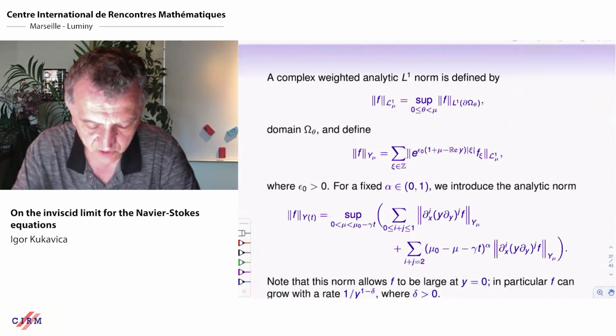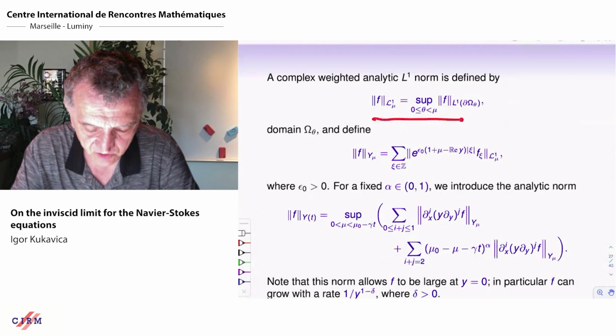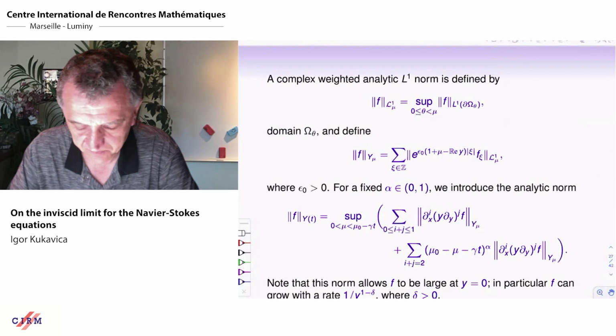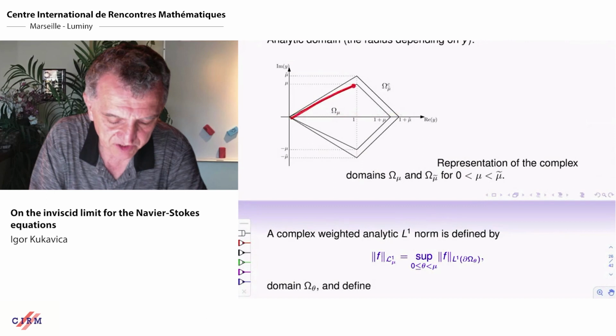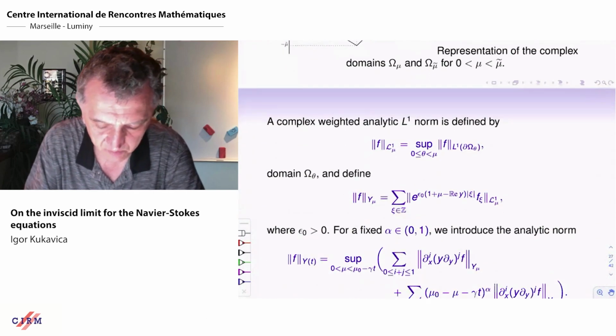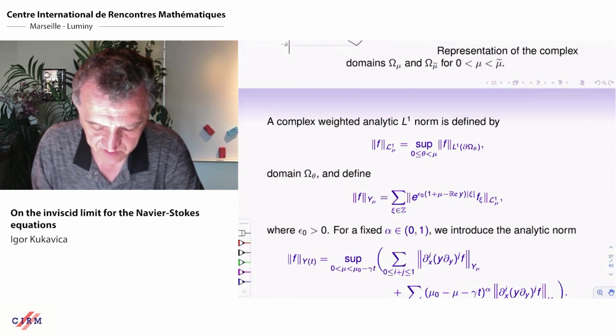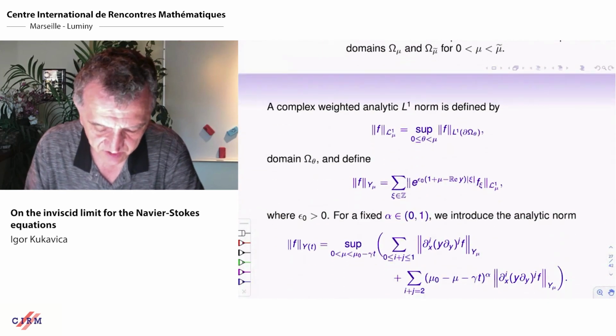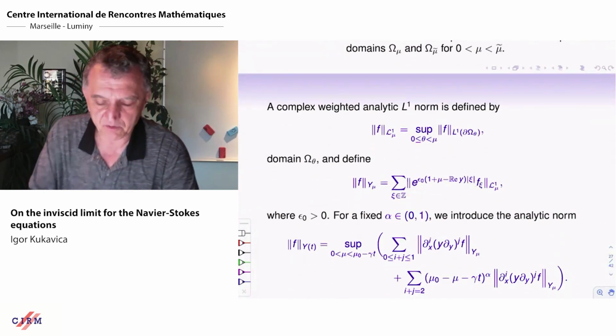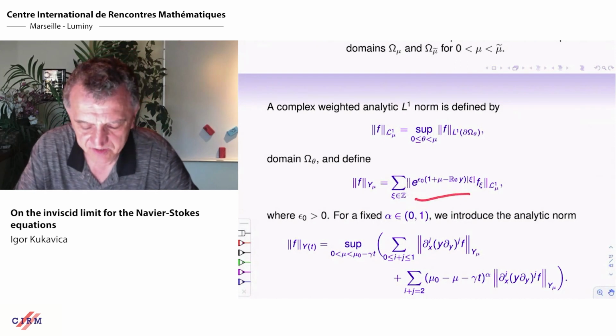And the norms are the following. So the norms are L1 in the transversal variable. So here we are taking L1, meaning we are integrating this plus this and taking supremum. So that is the L1 component of this. In the tangential direction, we use the Foias-Temam approach to analyticity, or one uses the partial Fourier transform approach.